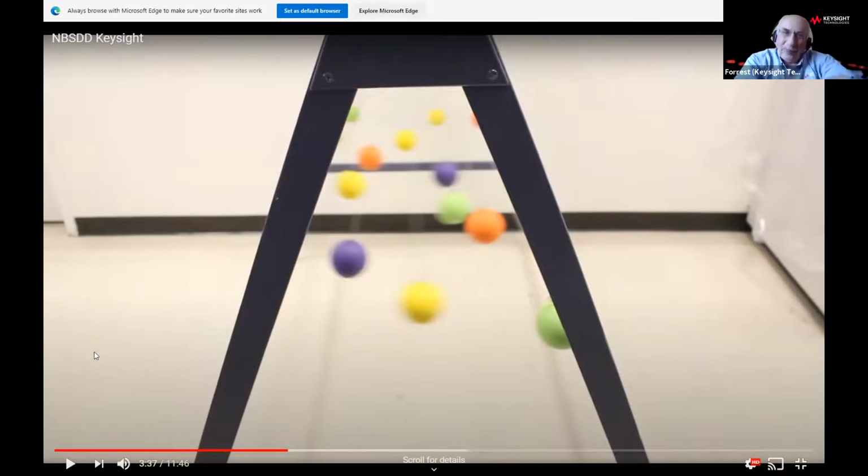But by doubling up the string, I'm still using the same length from the top to the ball, but I've used two strings attached in a slight V, and that keeps the balls from going from side to side and hitting each other.